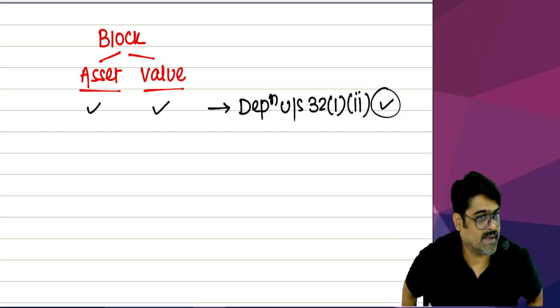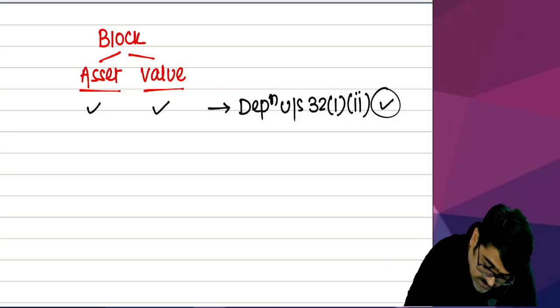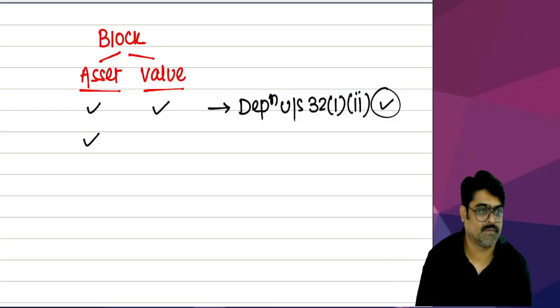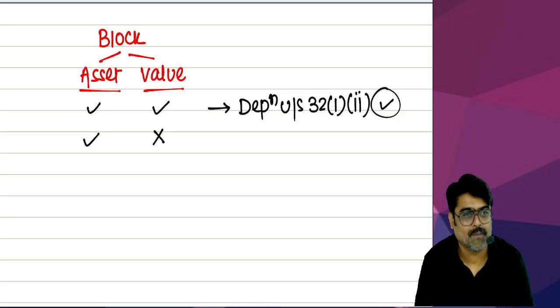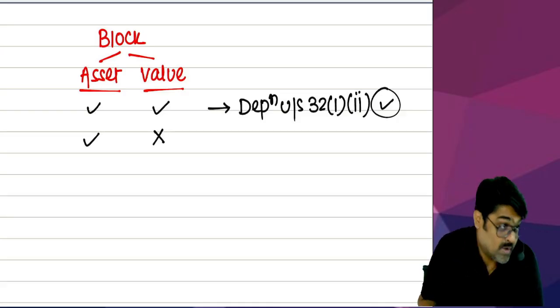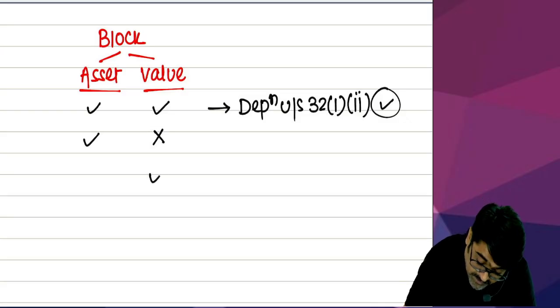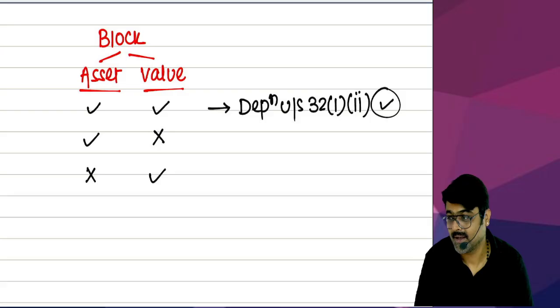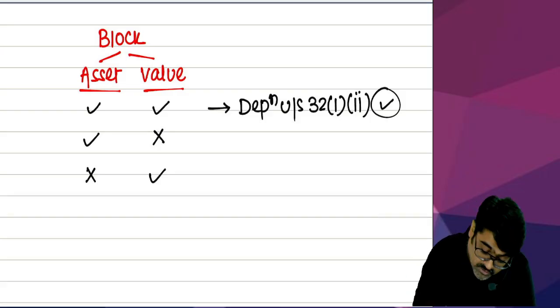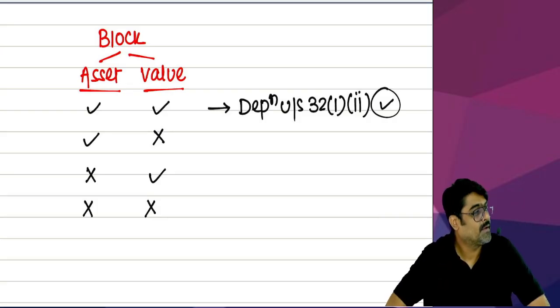Now sometimes it might happen that block has assets, but block does not have any value. Or it might happen block is having value, but block does not have any asset. Or it might also happen that block is not having asset also, block is not having value also.